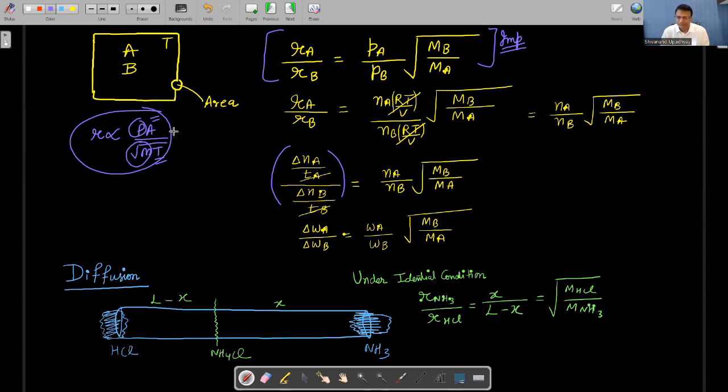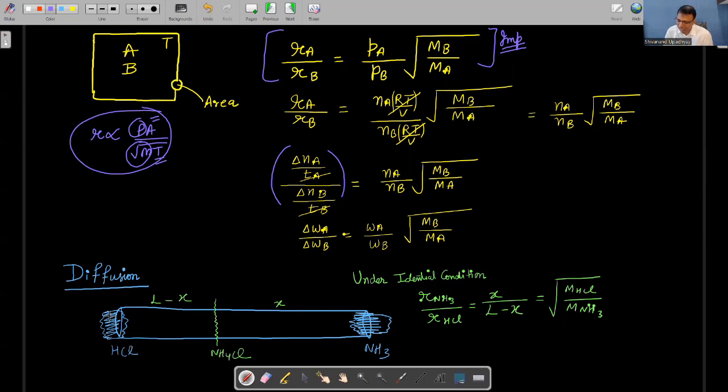Now the second question is about diffusion. When we are talking about diffusion, we are talking about intermixing of gases. Like, they will say that there is a tube, and on one side of the tube we put a cotton dipped in HCl liquid, which, because HCl is volatile, releases HCl gas. On the other side we put ammonia.